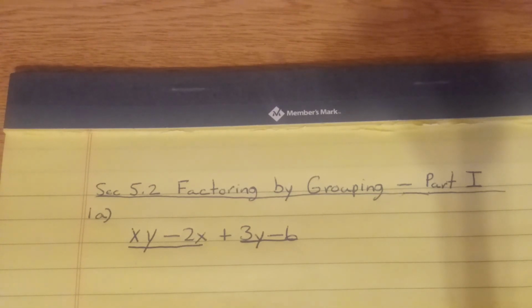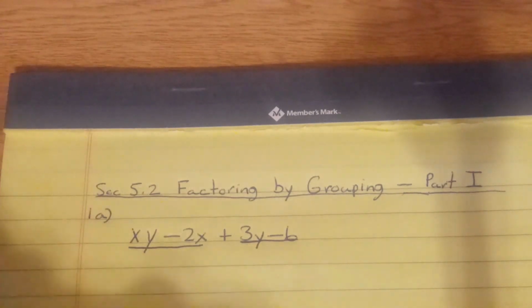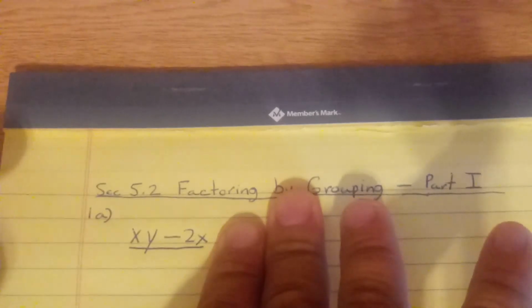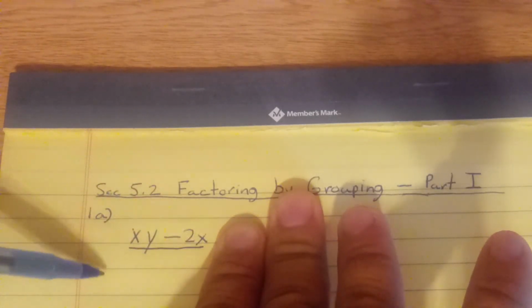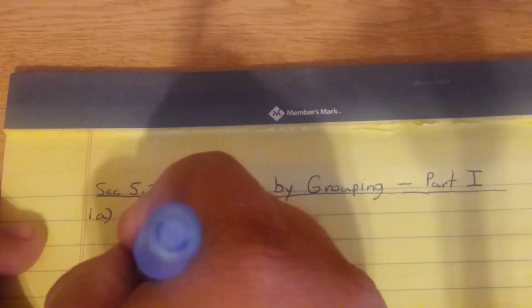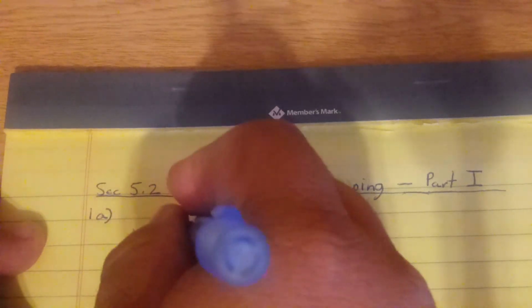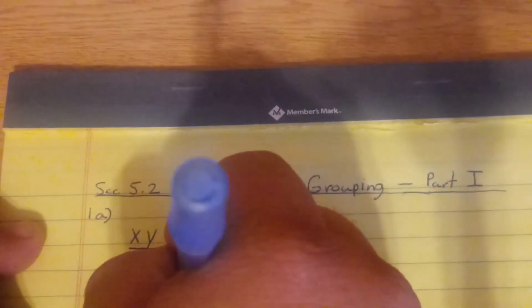So in this particular example, if we ignore the second part right there, these 2 terms have the x in common. So we're going to go ahead and factor out the x, and we end up with y minus 2.